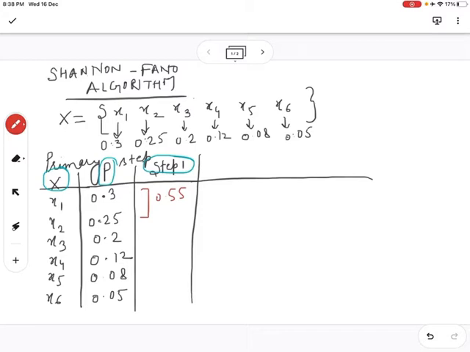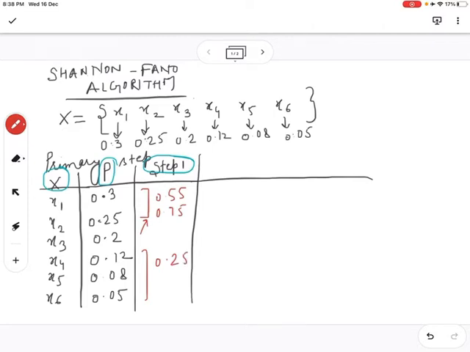If I add 0.2 also, it becomes 0.75. Now if we consider the remaining 3, 0.12 and 0.08 and 0.05, adding them it becomes 0.25.